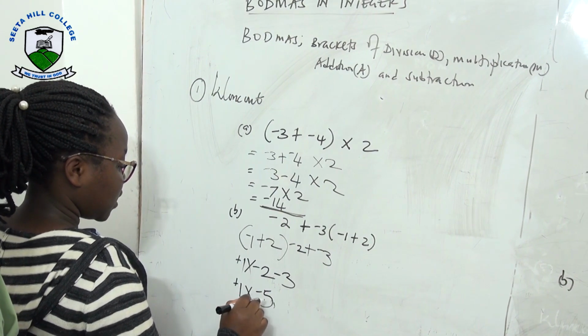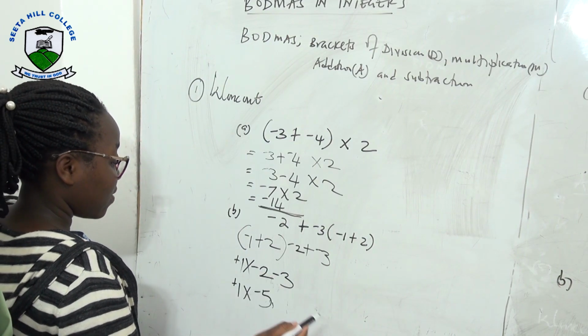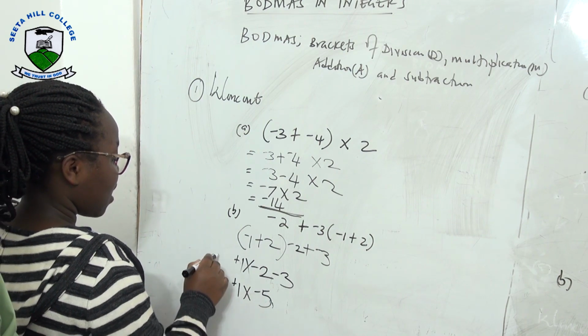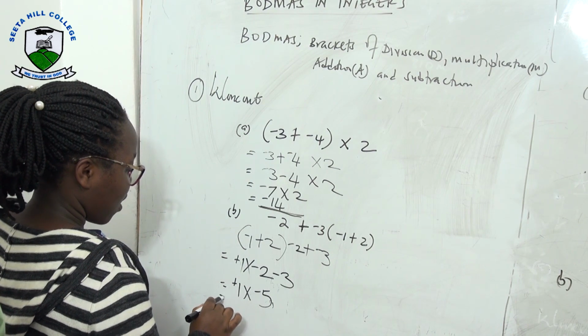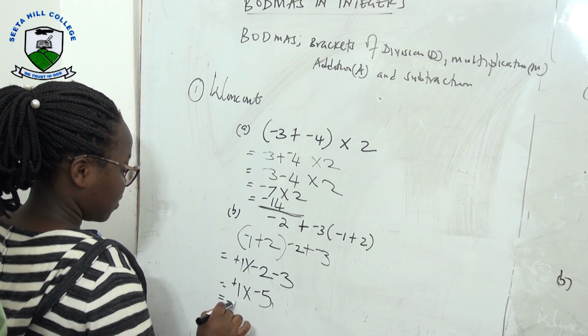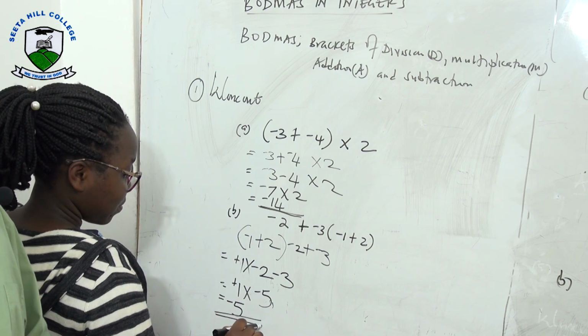A negative times a negative, a positive times a negative will give us a negative. So our answer shall be negative 5.